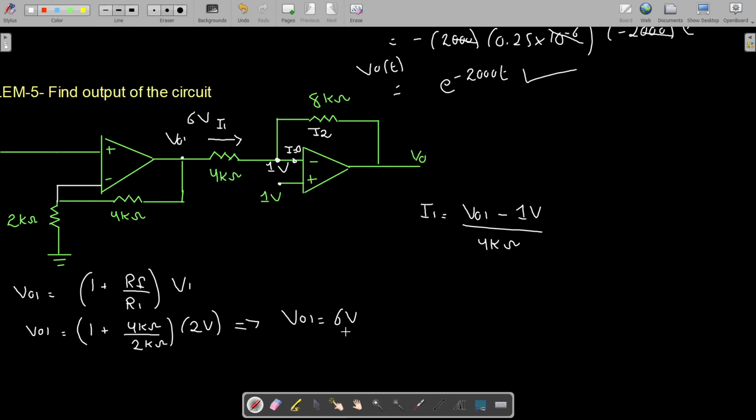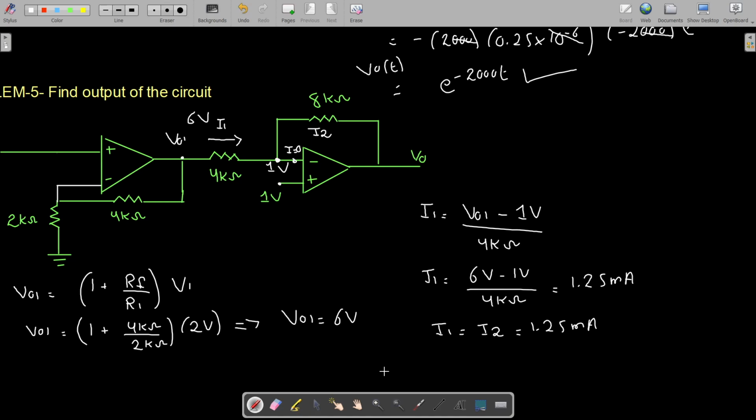And we have already found the VO1, which is your 6 volt. So I1 is equal to 6 volt minus 1 volt divided by 4 kilo, and this comes out to be 1.25 milliampere. Now because I1 is equal to I2, I2 is also 1.25 milliampere.